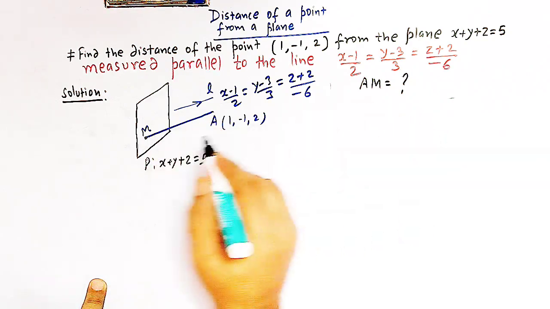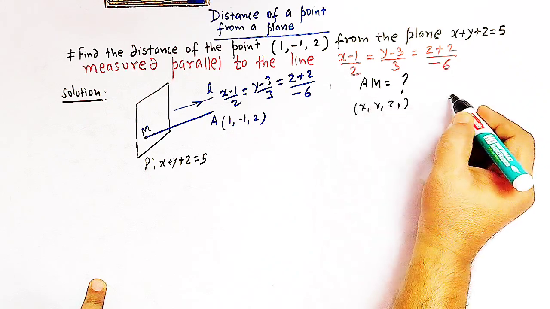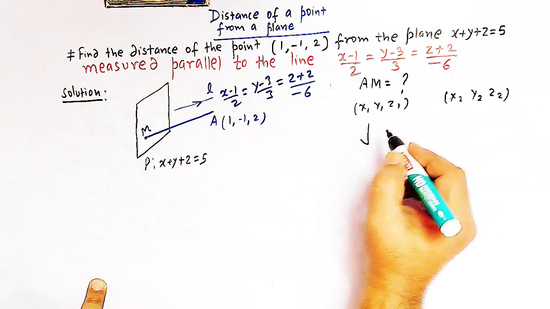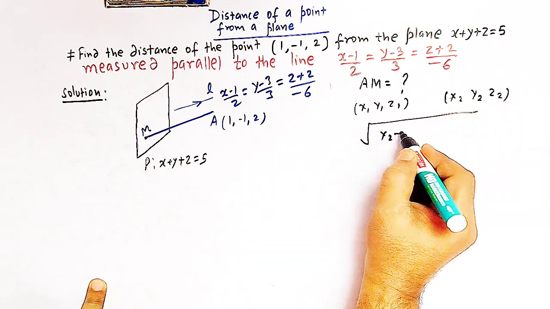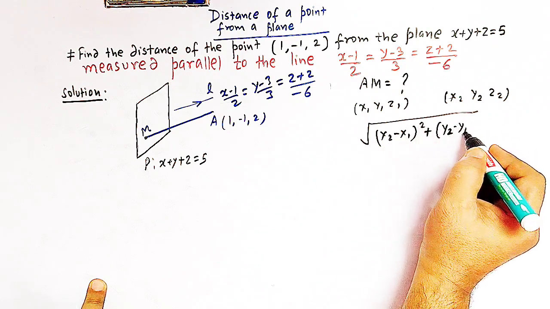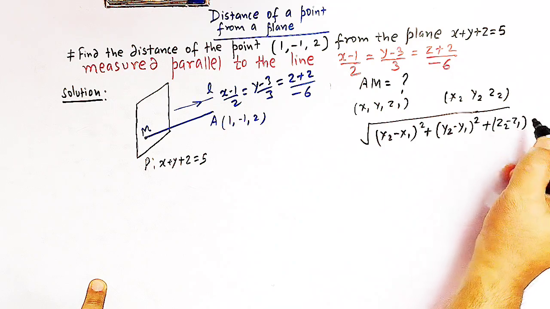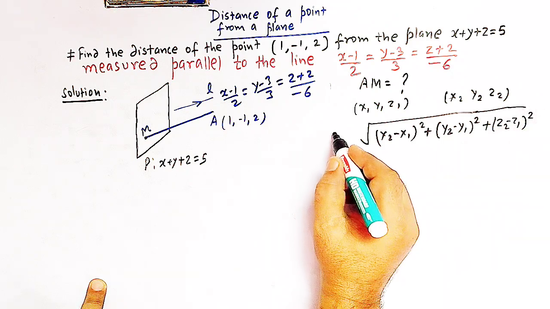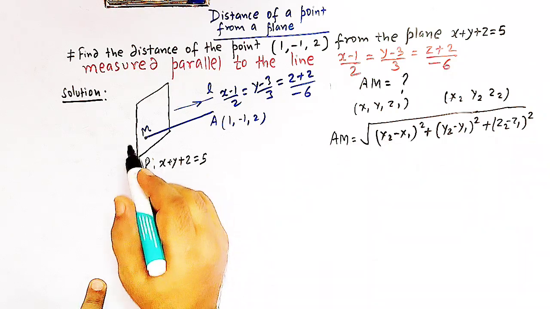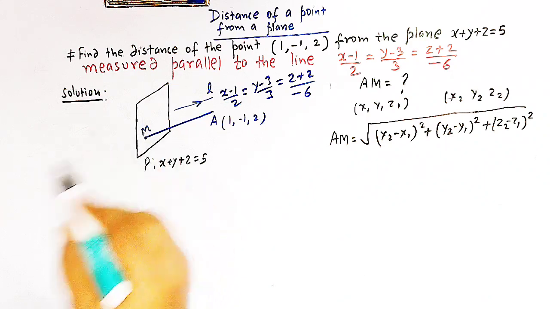And the formula for distance between 2 points, say (x1, y1, z1) and (x2, y2, z2), is given by square root of (x2 minus x1) square plus (y2 minus y1) square plus (z2 minus z1) square, right? So AM is given by this formula. So we have to first find out the coordinates of this point M.